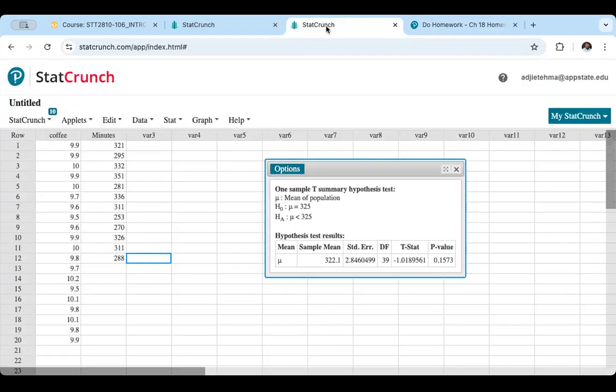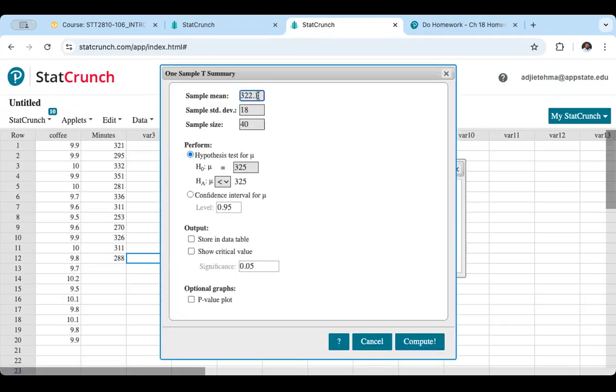So we go to StatCrunch. I think I'm still there. Let me put them here. The sample mean is 98.709, the sample standard deviation is 0.6884, and my sample size is 52. Now, what does the question want?